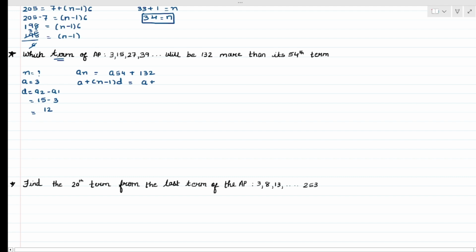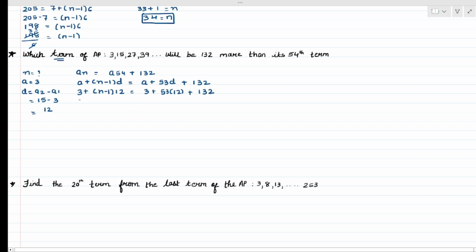A plus 53D, plus 132, because my question is at what term it is 132 more than the 54th term. So in this case, my A is 3. Substitute 3 plus N minus 1 times 12 equals 3 plus 53 times 12 plus 132.